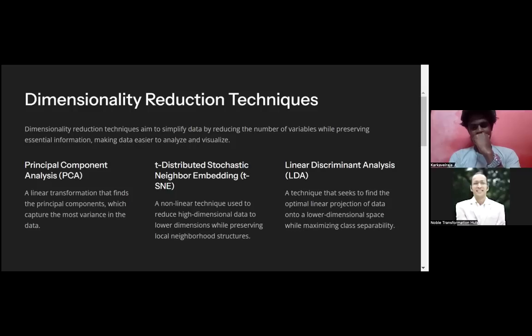Okay, and then t-distributed stochastic neighbor embedding, let's call it t-SNE. It's a non-linear technique used to reduce high dimensional data to lower dimensional while preserving local neighborhood structure.